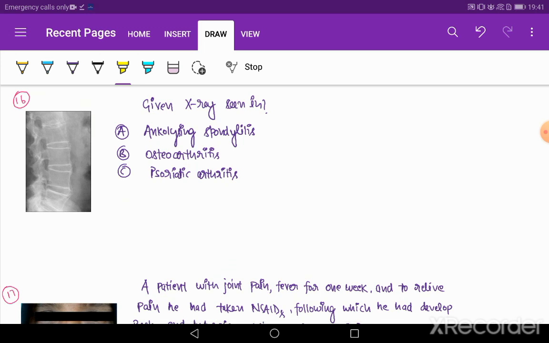Our next question is, in this given X-ray, what is it depicting? Ankylosing spondylitis, osteoarthritis, psoriatic arthritis. This is the characteristic X-ray feature of ankylosing spondylitis.